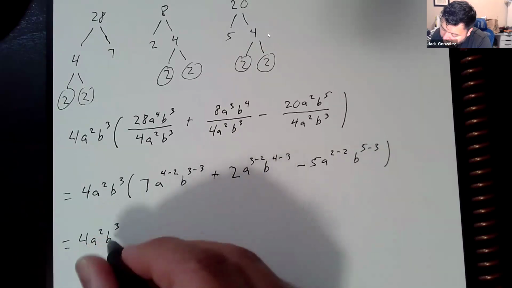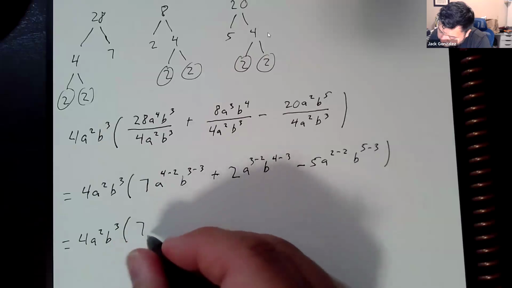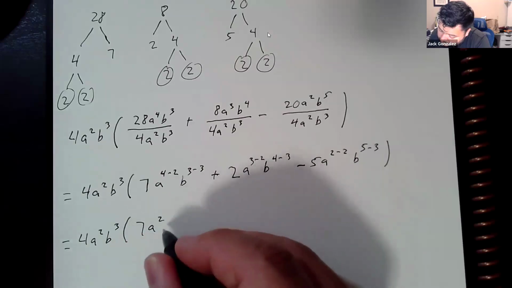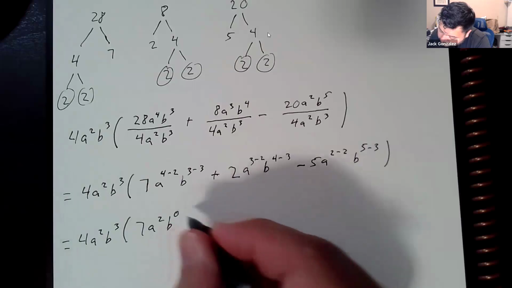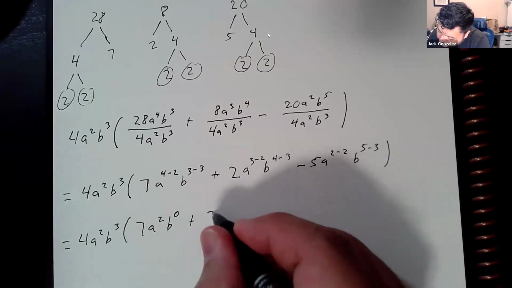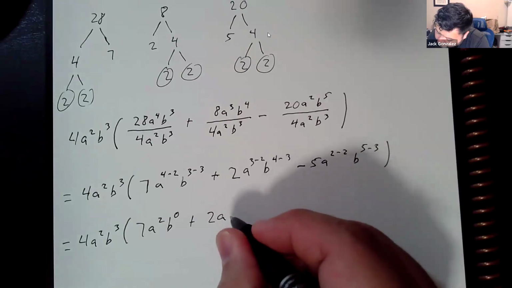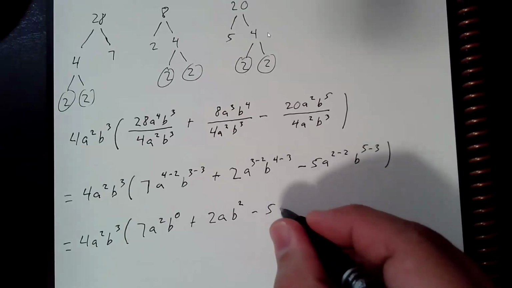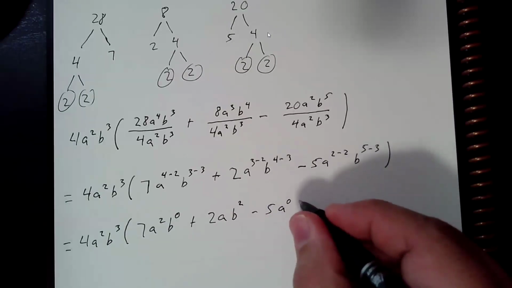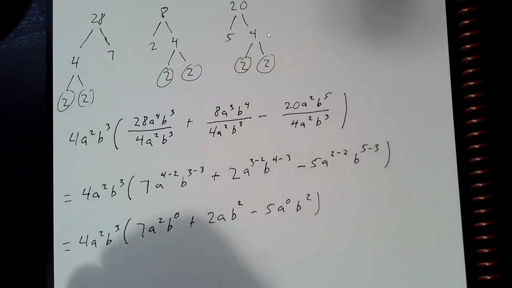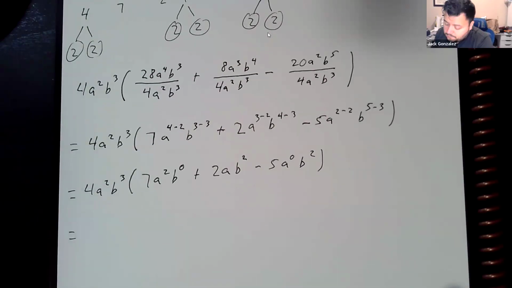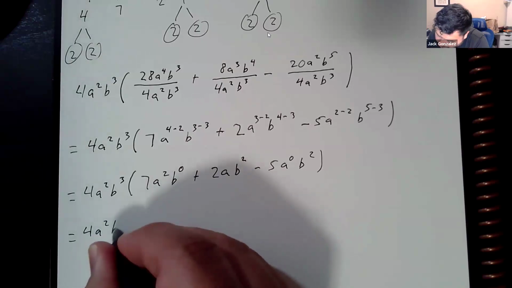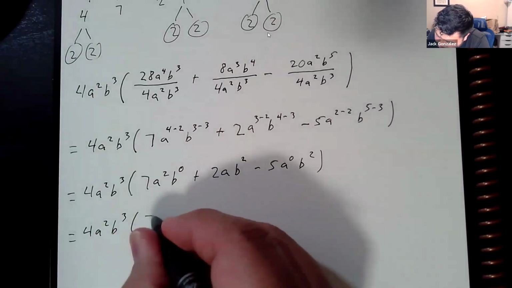I'm just showing you why this is the answer, going extra steps just in case. B0 is equal to 1, so that'll be gone. This is the final answer here.